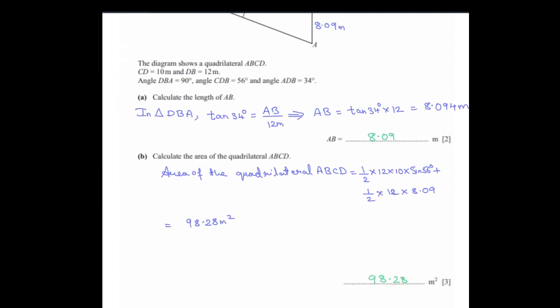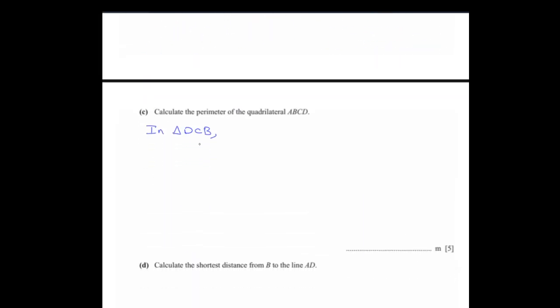So in triangle DCB, what is that side? That side is BC. So BC is equal to square root of 10 square plus 12 square minus 2 into 10 into 12 into cos 56.